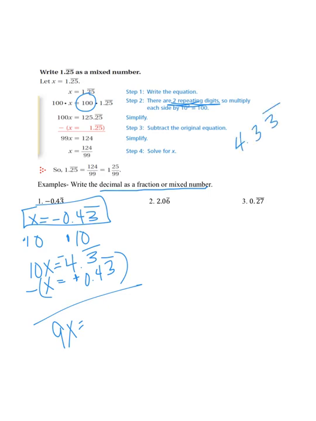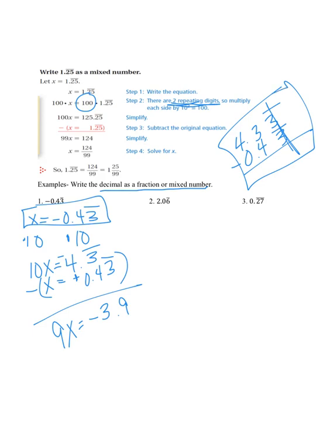So 4.33 repeating minus that 0.4 and then that 3/10 repeating. So when you actually subtract these, those are going to go away, and you're going to have 4.3 minus 0.4. So you're going to get that 9x equals negative 3.9. That's where that value comes from. It's from this over here.